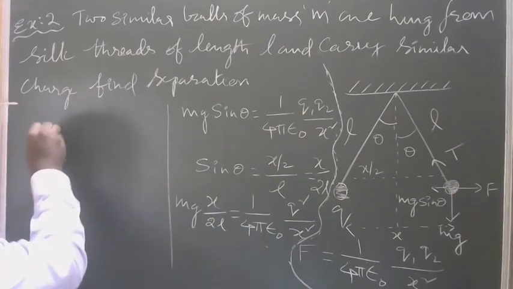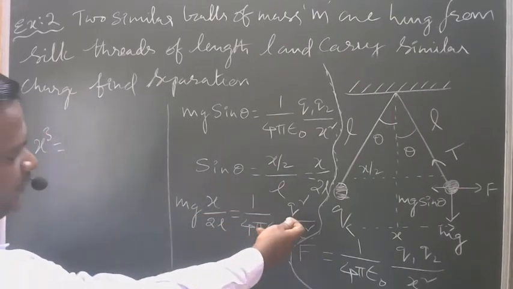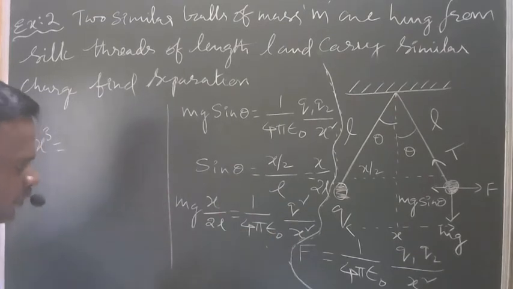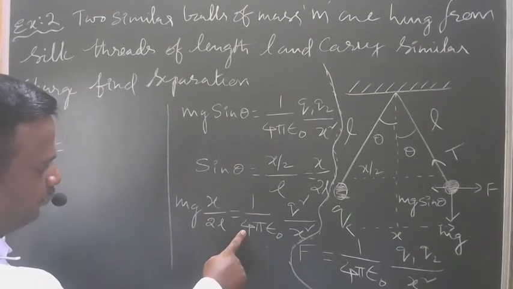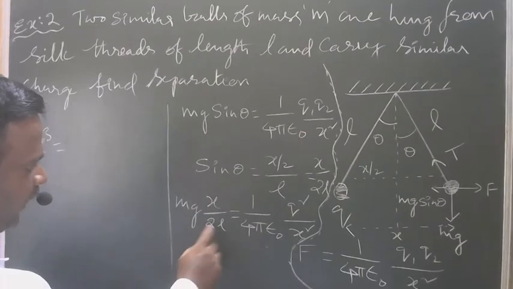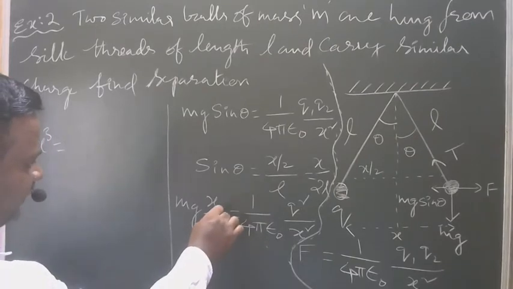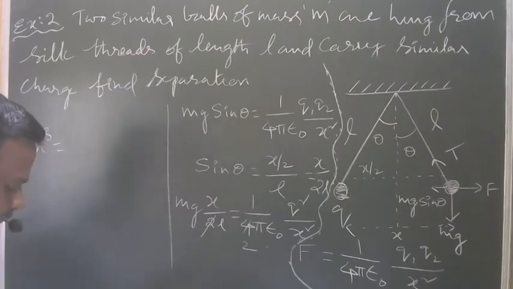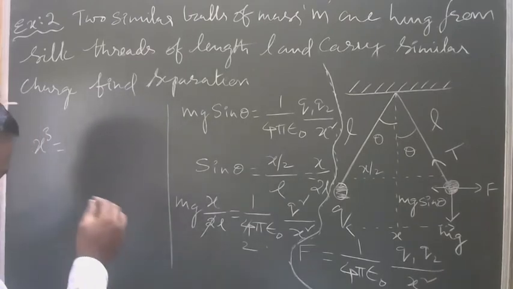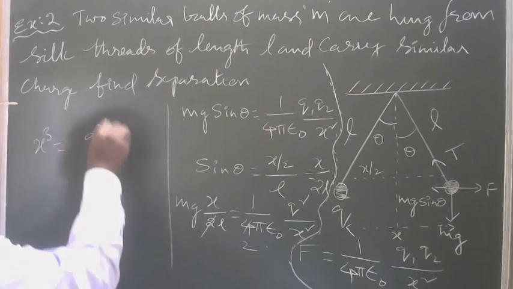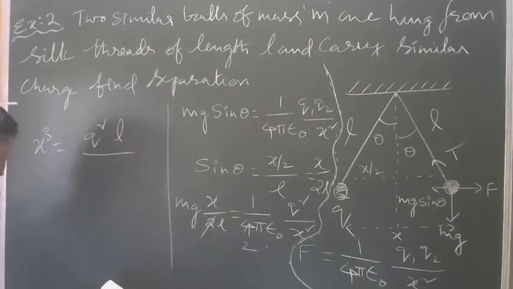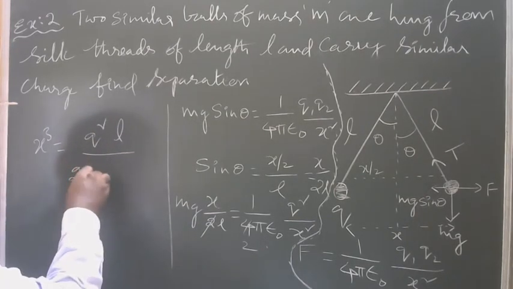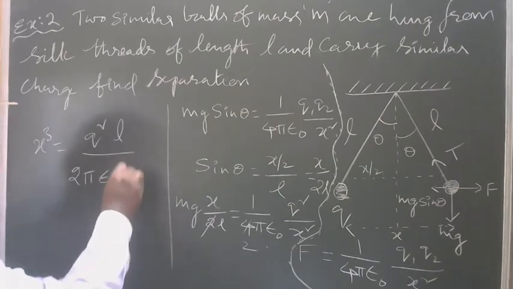That is x cube is equal to 1 by 4 pi epsilon naught. Here this is 4 and this is 2, so you can cancel. Therefore, what is the final value? You can write x cube is equal to q square L by 2 pi epsilon naught mg.